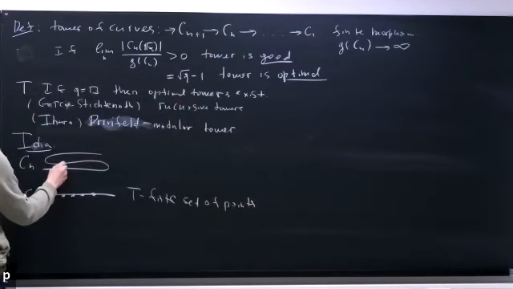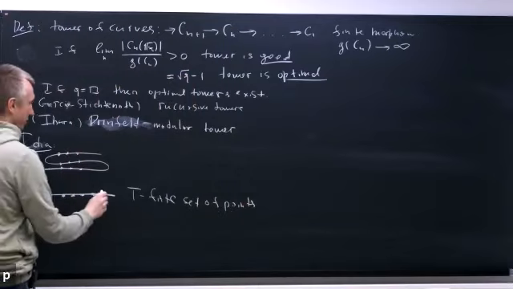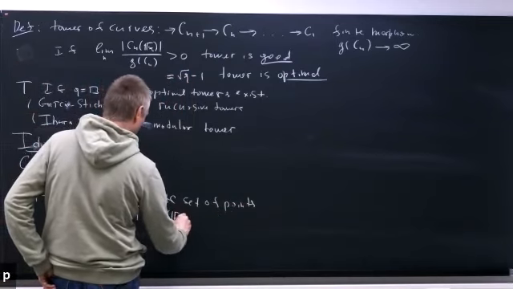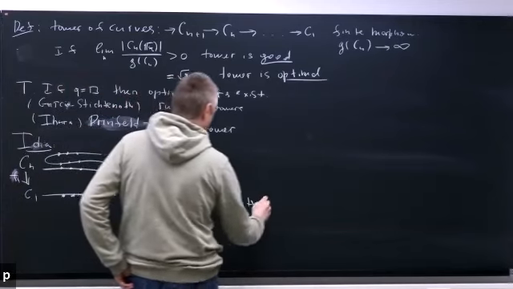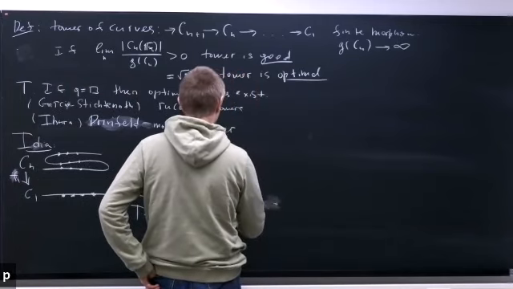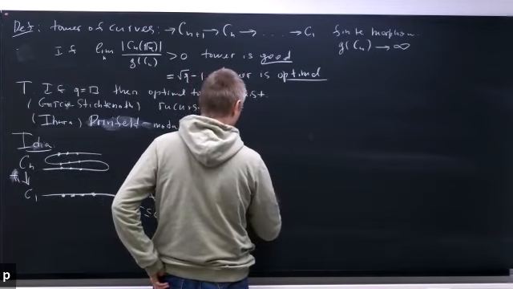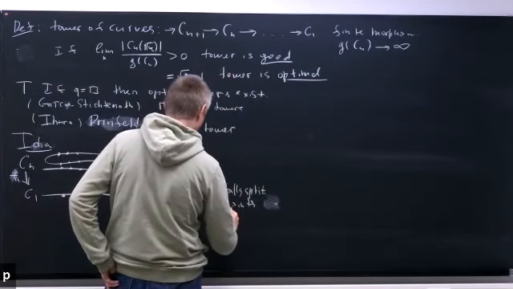That means that all the points in the pre-image are also defined over F_q. So T is a subset of C_1 over F_q, and the pre-image, say this is phi_m, is totally split. So that means that the pre-image is also defined over the finite field.